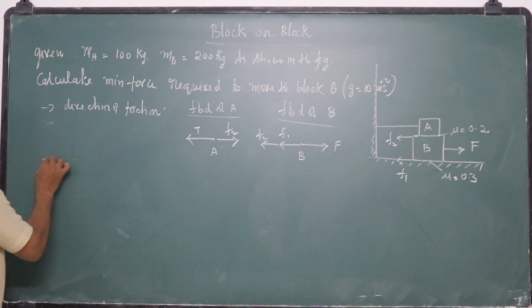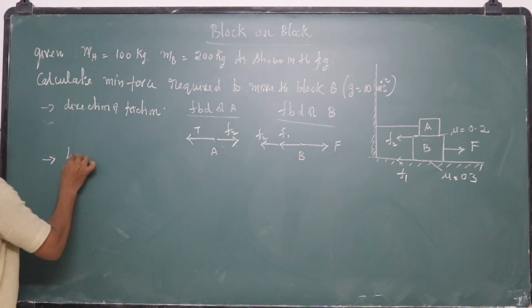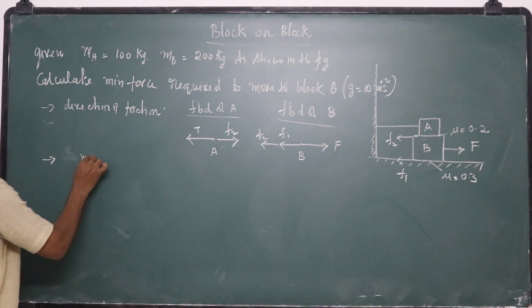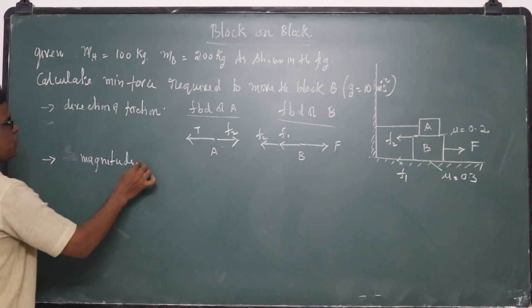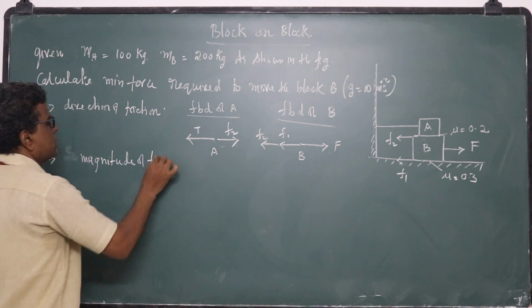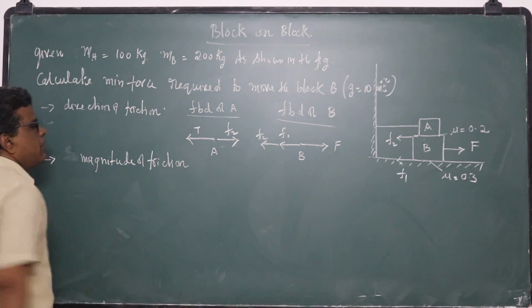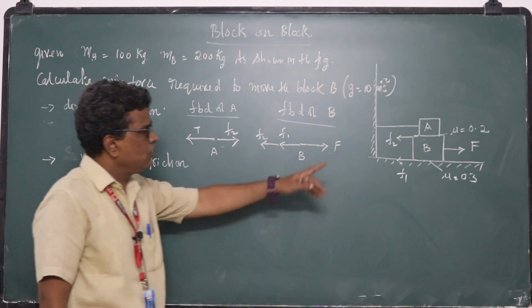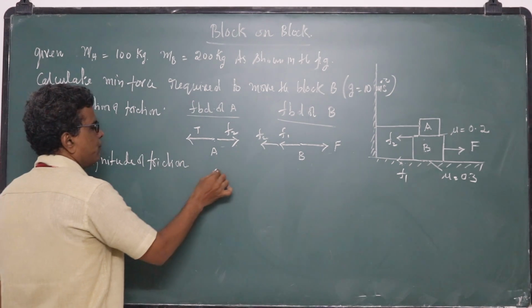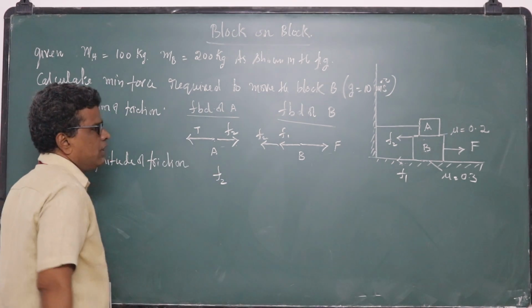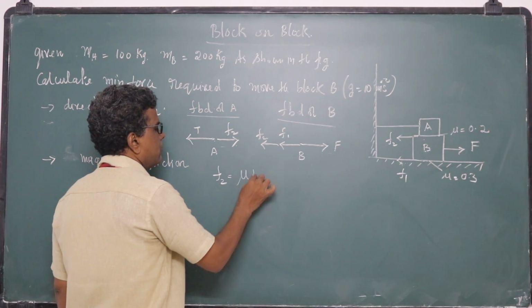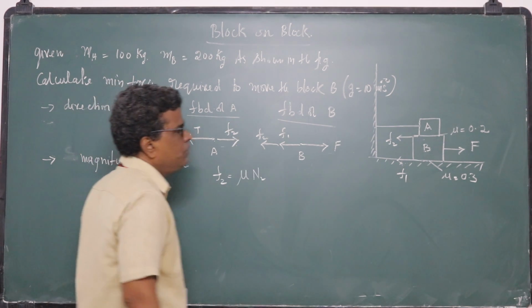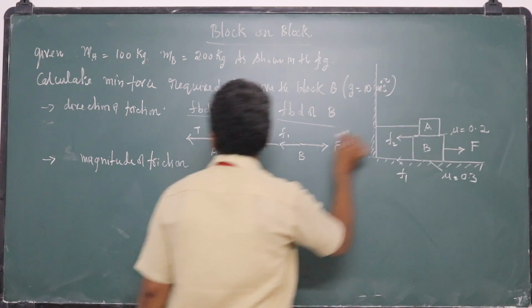Now the second step is to find the limiting values, the magnitude of frictional forces. First take F2. F2 is equal to mu into N2.